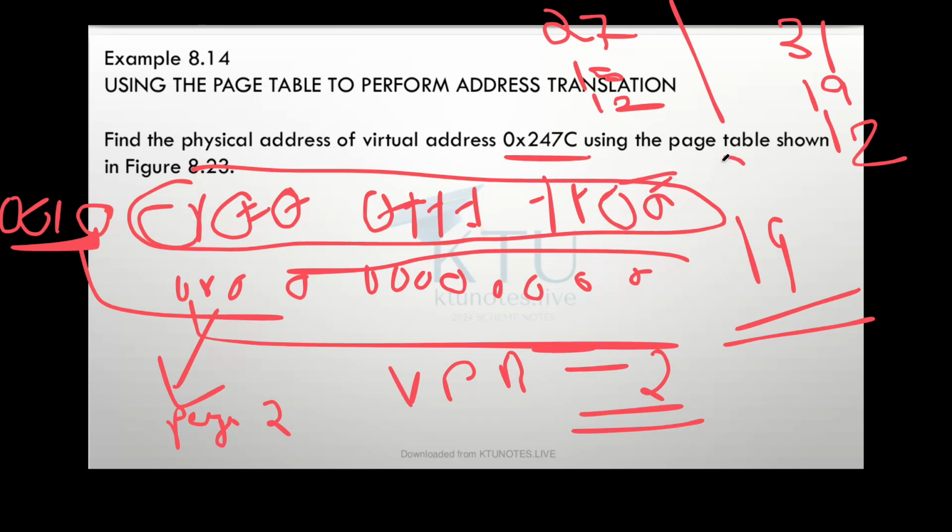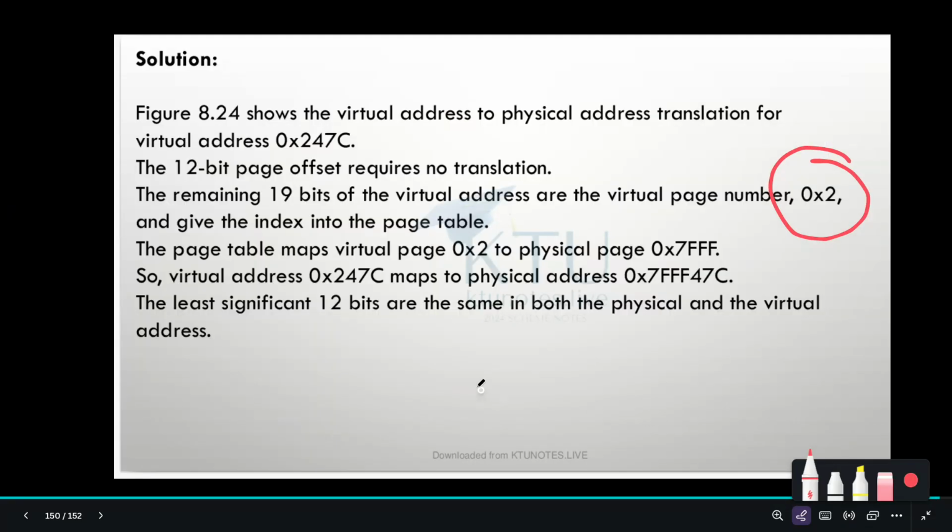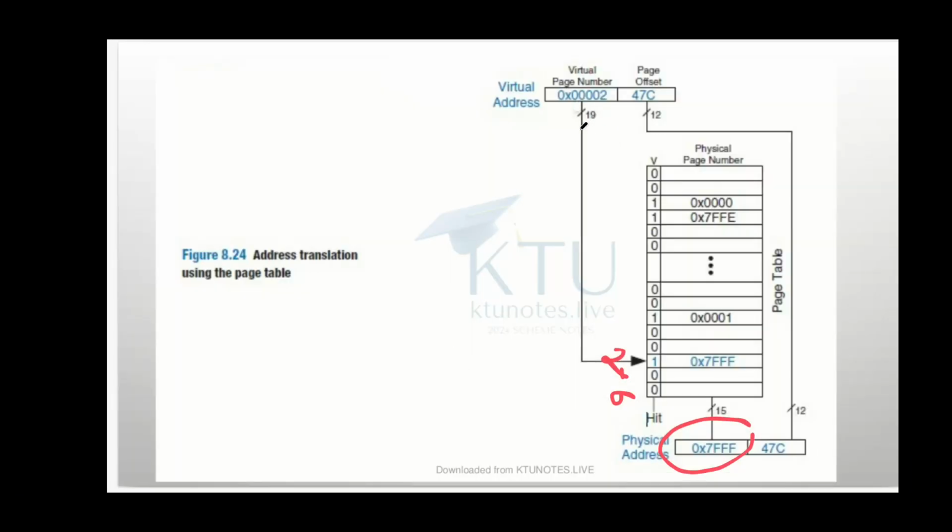Now this is the offset: this is C, this is 7, this is 4. So 0x47C is my page offset. Now in the page table I check page 2, and 0x7FF is my physical page number.